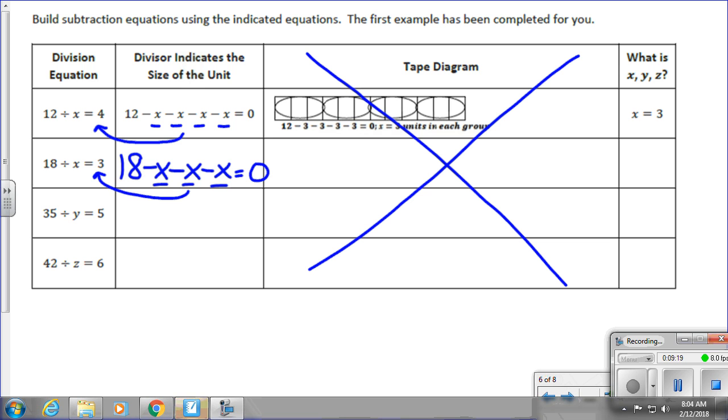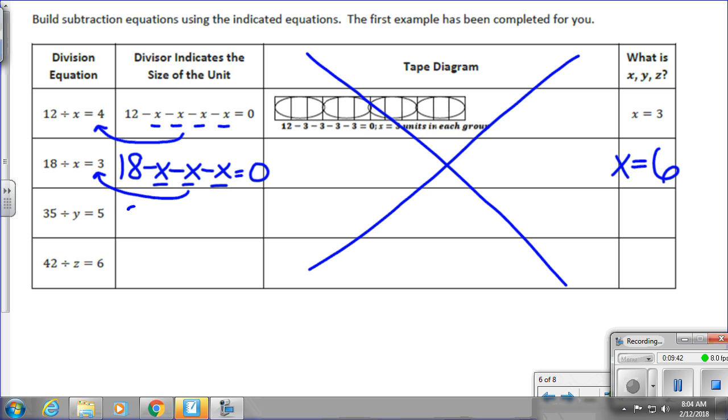And it's always going to be 0. So 18 minus what number, minus what number, minus what number would end up with 0? 3. No. 2. 8. 9. 6. 18 minus 6, minus 6, minus 6 gives you 0.